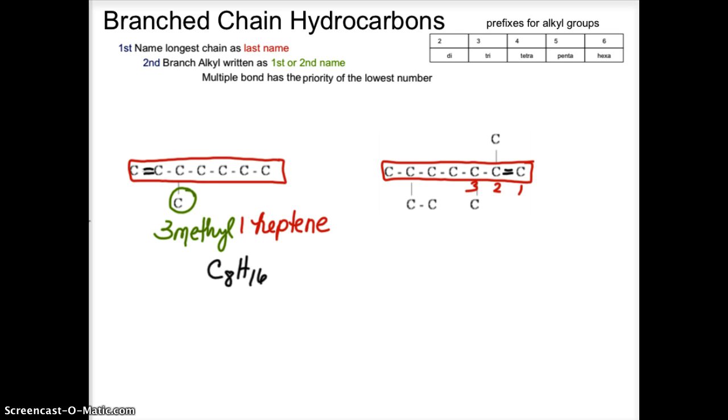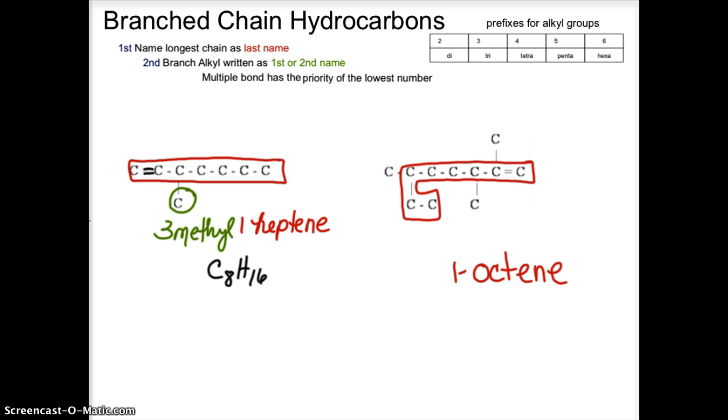But this is not the correct longest chain, because if we incorporate here and bend down, that is the longest chain. And you'll notice it's 1, 2, 3, 4, 5, 6, 7, 8 carbons. With 8 carbons, you have a name of octene, and the bond is in between the first and second carbon, so I'm going to call that 1-octene.